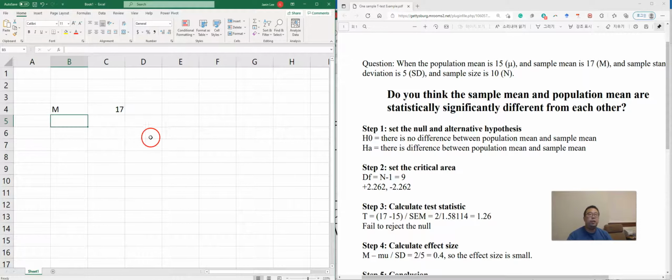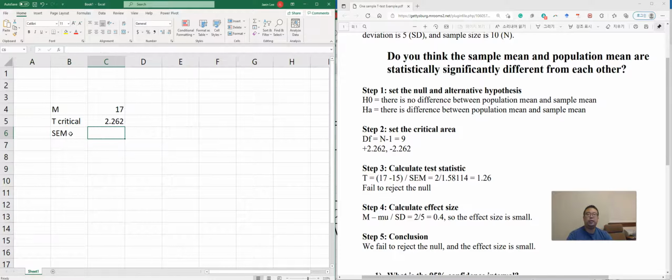And we already have the sample mean and number of cases, n. Plus minus t critical. So t critical is 2.262, right? And also the sampling error.